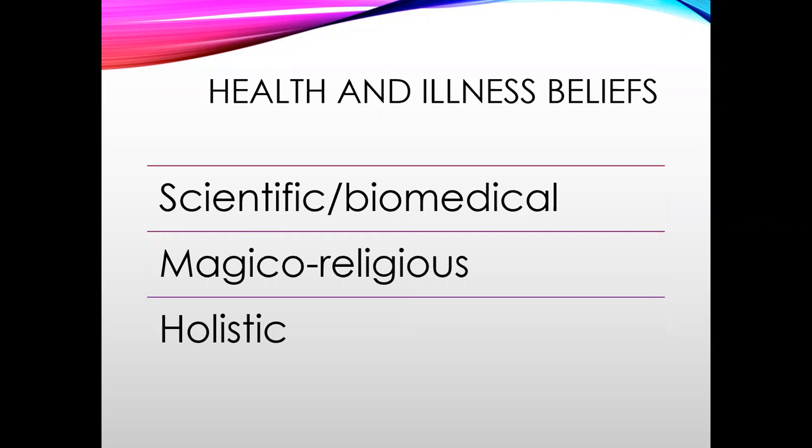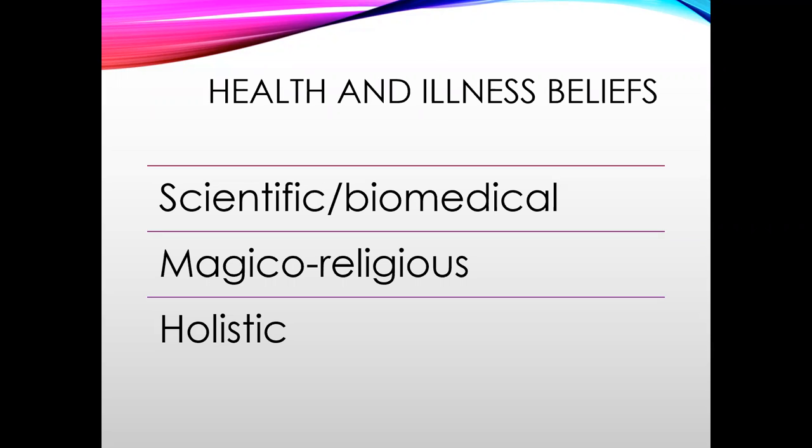So for our health and illness beliefs, we can have a scientific belief, right? Nursing is a scientific belief. We use evidence-based science for our outcomes and our interventions. We can have magico-religious, which is the belief that supernatural, almost mystical forces dominate, which is considered sometimes alternative or indigenous in the United States and Canada.